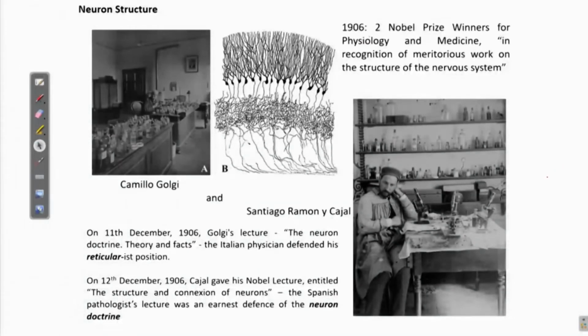And these morphologies were first studied by a number of people, but the most important contributions, although contradictory in terms of the overall picture, were made by a physician from Italy, Camillo Golgi, and a pathologist from Spain, Santiago Ramon y Cajal. And both of them together got the Nobel Prize in 1906 because of their work on the structure of the nervous system.